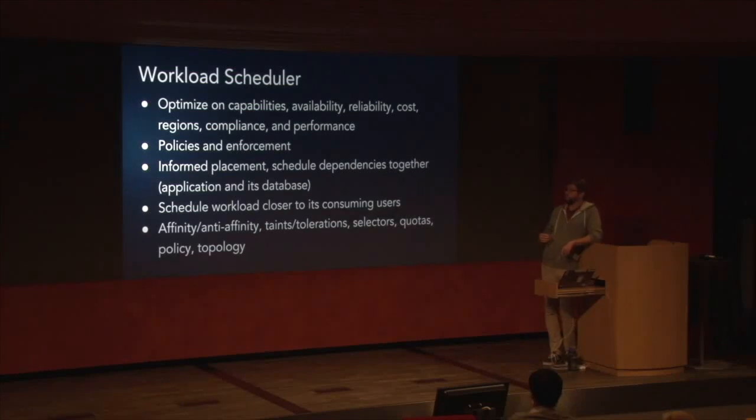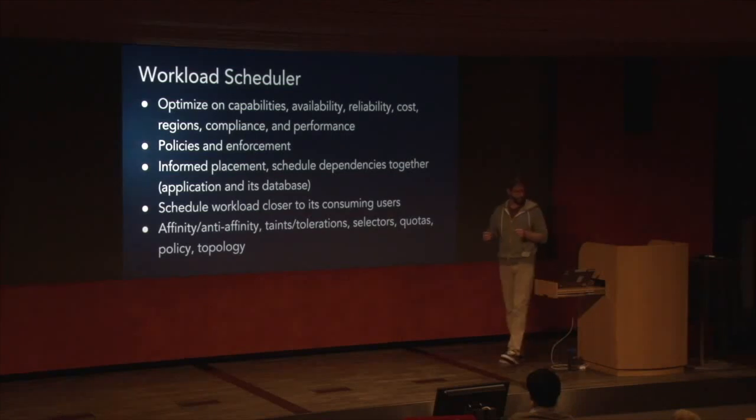Let's say you can declare some sort of policy like, I want to always use the cheapest cloud, no matter what it is, or I always want to use the cloud with the highest reliability, or whatever policy you want to specify. The scheduler can take that into account when it's figuring out which cloud to run your application in.